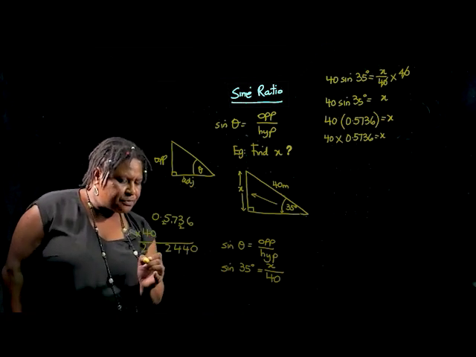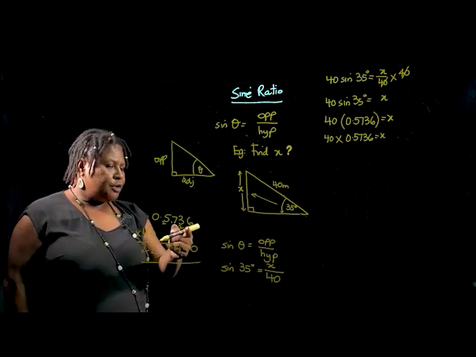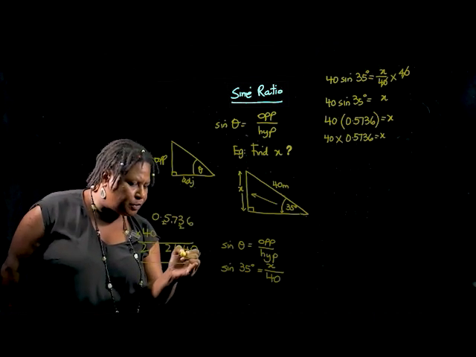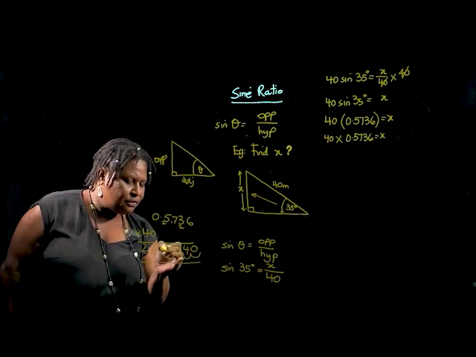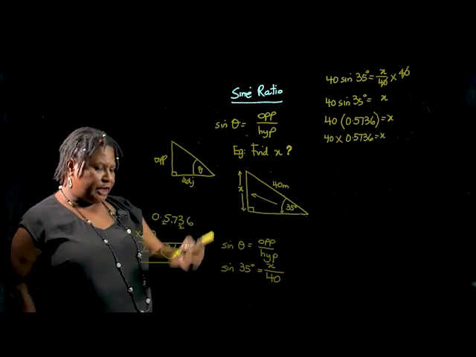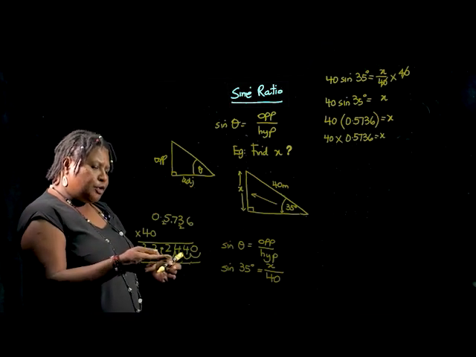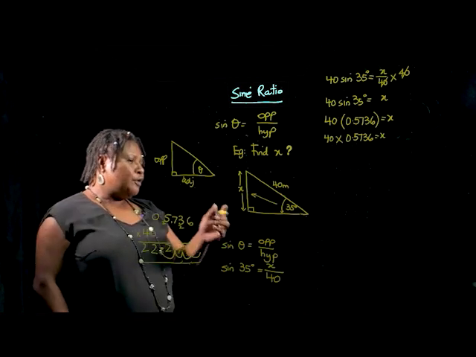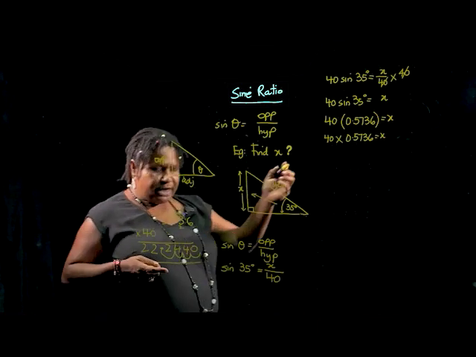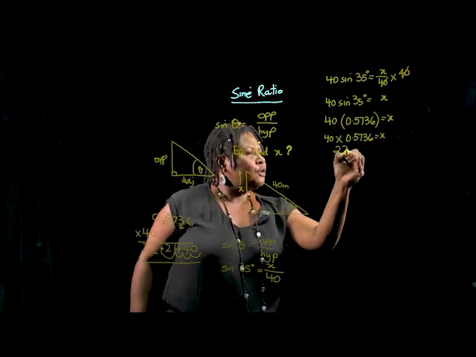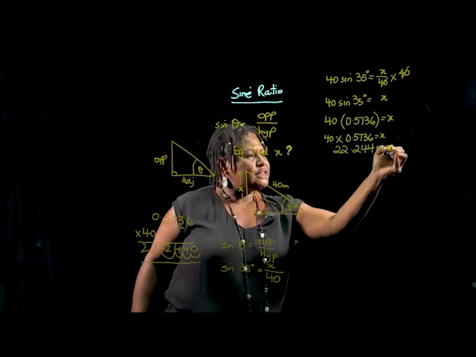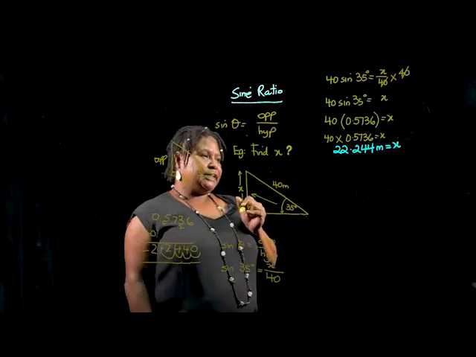Now, because our question here has 4 decimal places, we will move our decimal point 4 places. So the height of our triangle here, or the value of x, is 22.944. And don't forget the unit of measurement here is meters. So our answer is 22.944 meters equal to x.